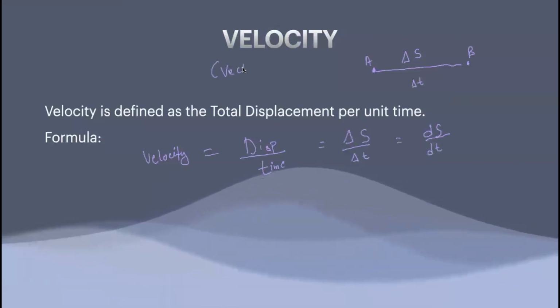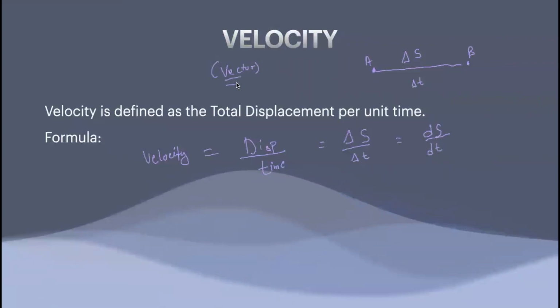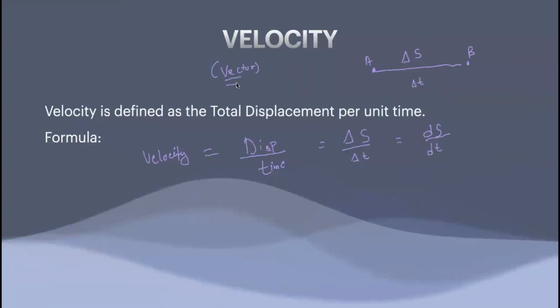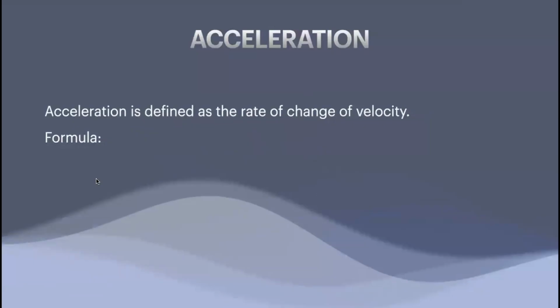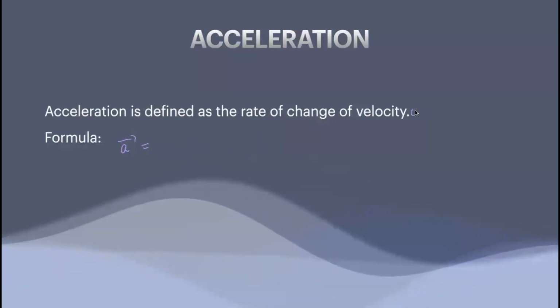Okay. And what is velocity? Velocity is a vector quantity. Remember this thing. Okay. Acceleration. What is acceleration? Acceleration is defined as the rate of change of velocity. Acceleration is represented by the letter a, and velocity is represented by the letter v.